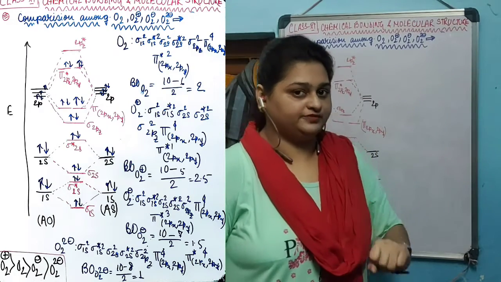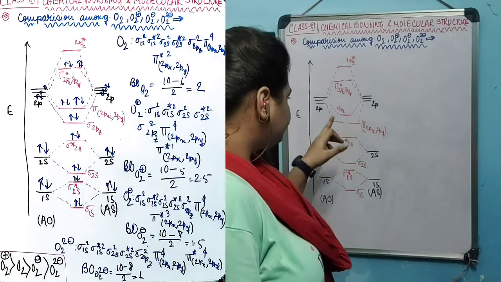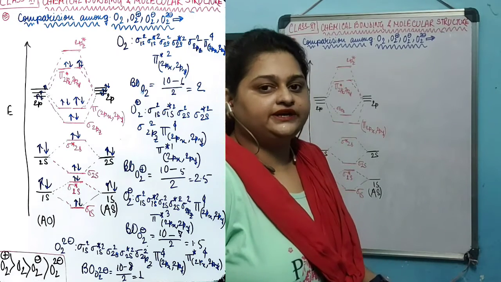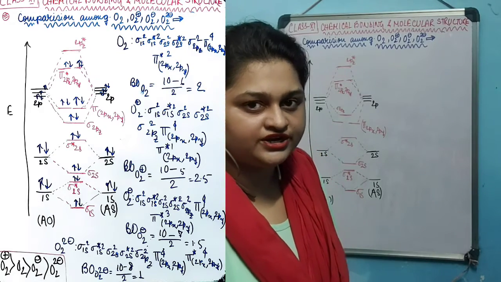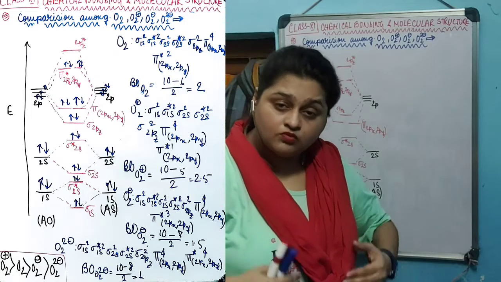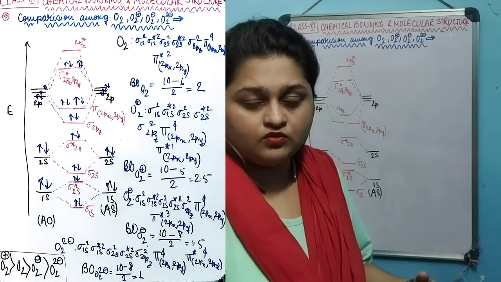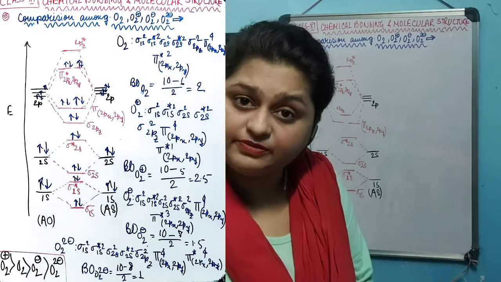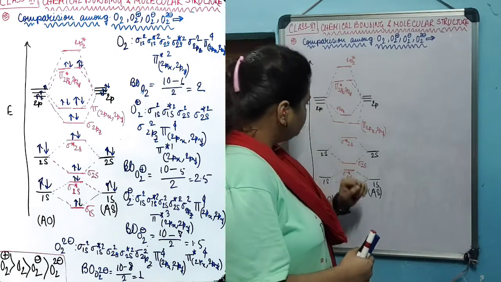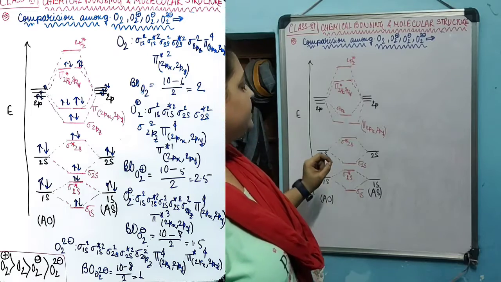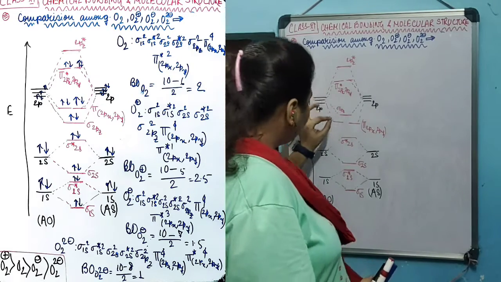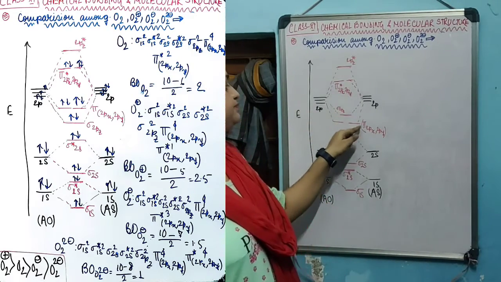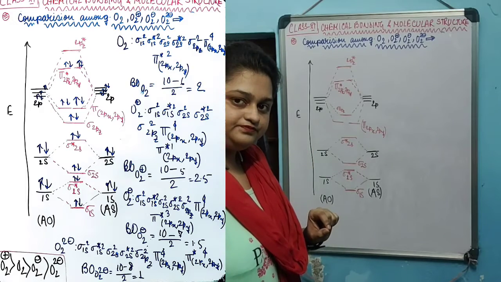This should not be the case, because these sigma orbitals are created due to head-on overlap, and head-on overlap is the more feasible, more penetrating overlap, which should create more stability. So this sigma 2pz should be lower in energy compared to the pi orbitals.